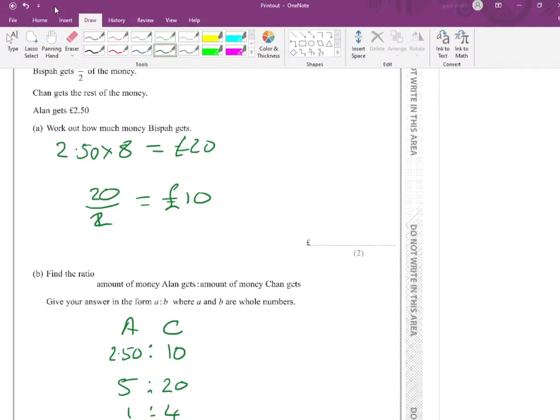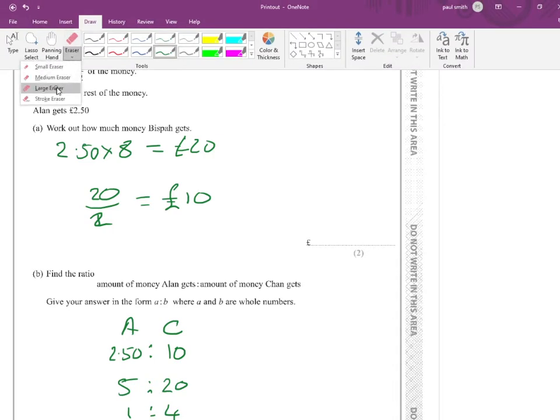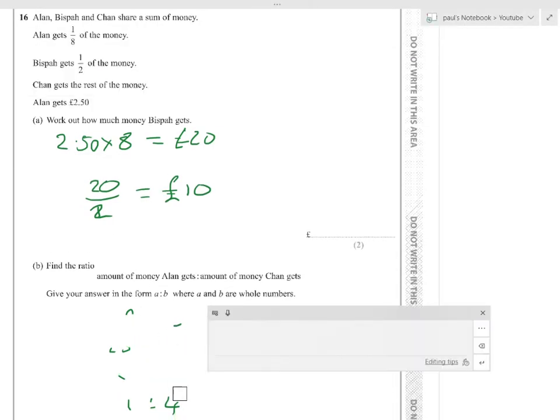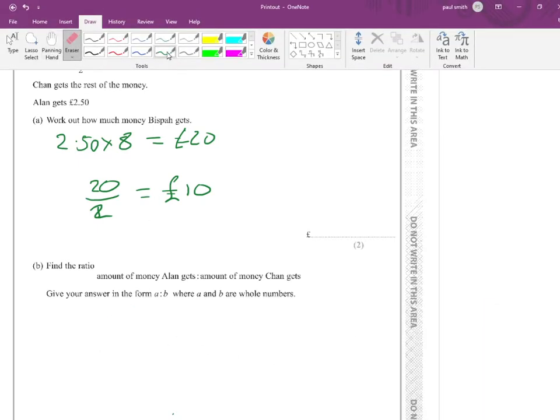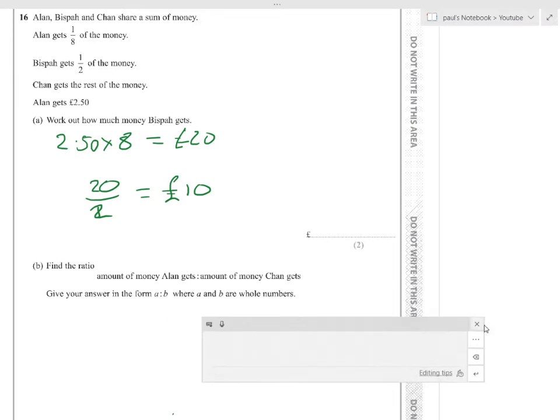No wonder it's giving me a headache. Right now, I'm on it. I'm back. Sorry, I was wandering away, looking at the wrong sort of person. So that was how much Bisaf gets.